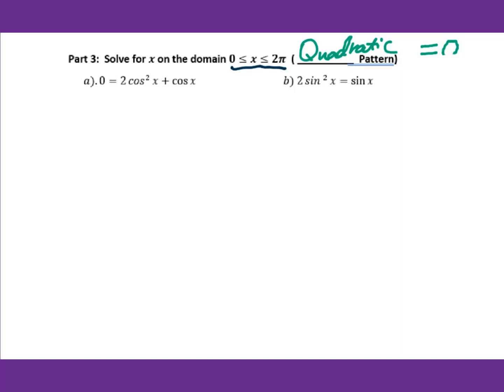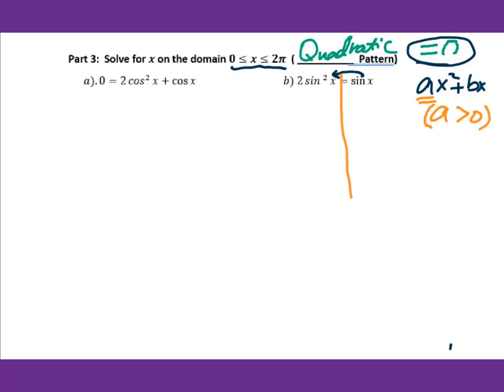For B, this is a quadratic pattern, therefore equal to 0. We move sine x to the left side to make sure the a is positive. So we get 2 sine squared x minus sine x. Remember, cross the river, change sign. Then we do common factor, the sine x.